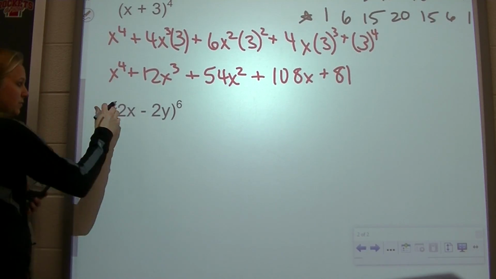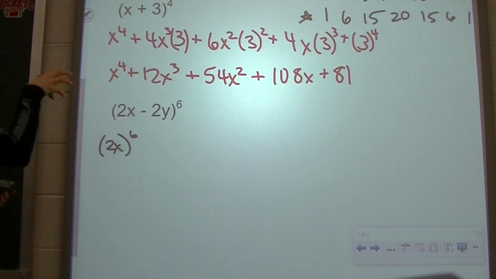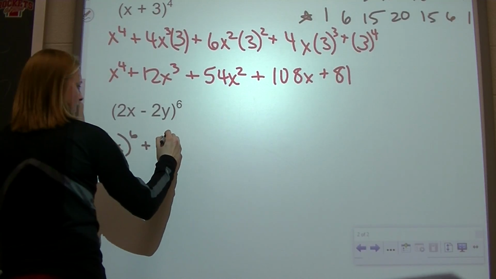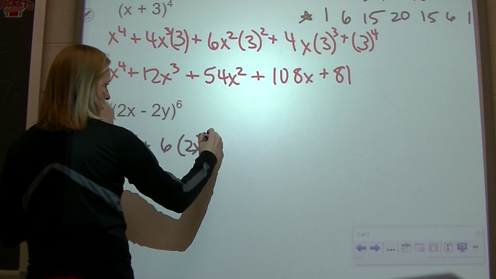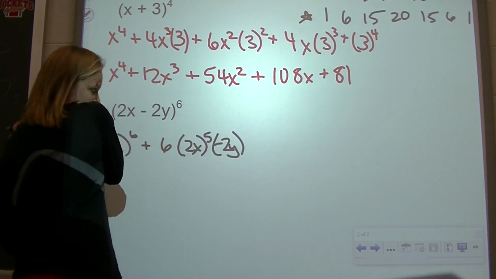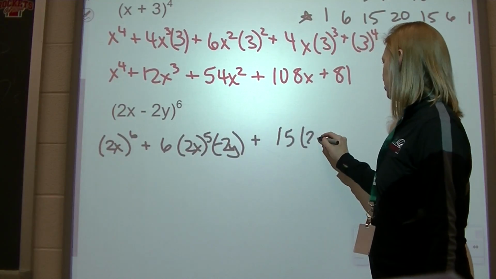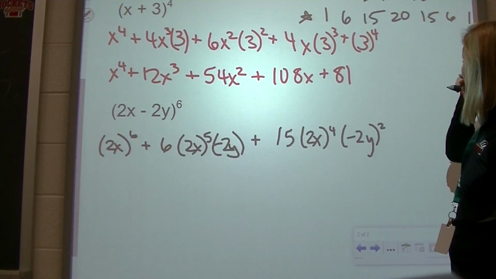Now here we have to be careful because it's going to be 2x to the 6th. It's that whole term. So 2x to the 6th plus... Then here I'm going to have 6, and I'll have 2x to the 5th and negative 2y. And then plus 15, 2x to the 4th, and then negative 2y squared.